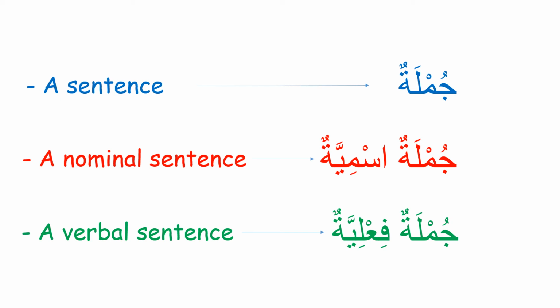That's on one hand. On the other hand, nominal sentences may include a verb after the noun or have an implied verb, but the decisive criteria here is the first word. I cannot stress this enough. If the first word is a noun, then it is a nominal sentence. If it is a verb, then it is a verbal sentence.